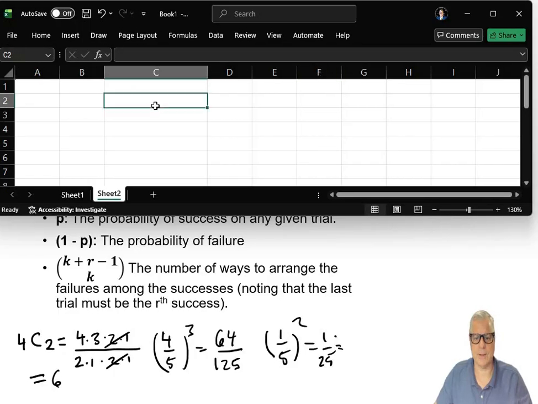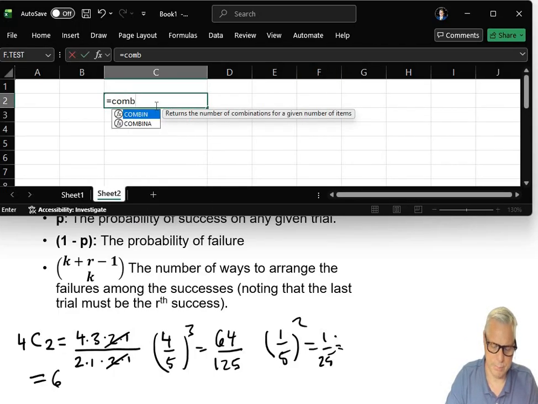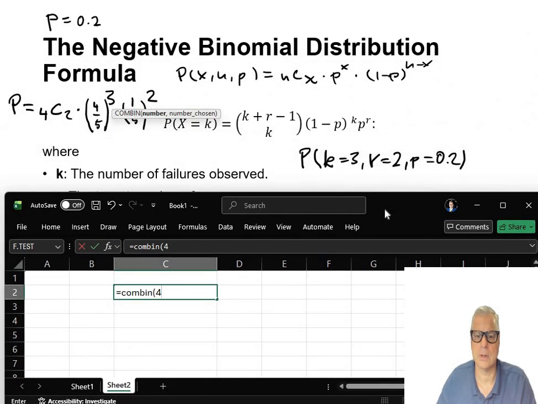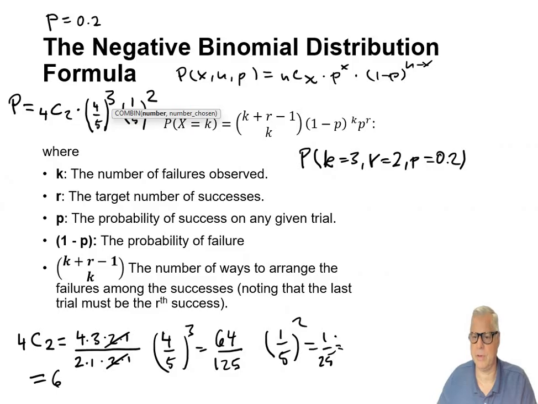There was a mistake: k is the number of failures, so that should be a 3 here.